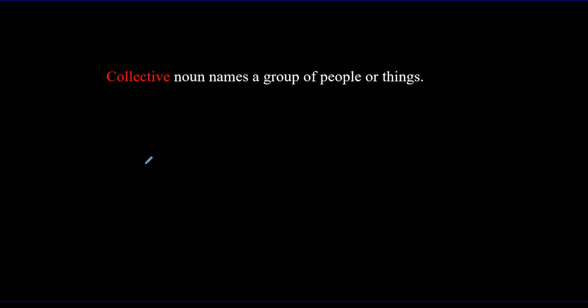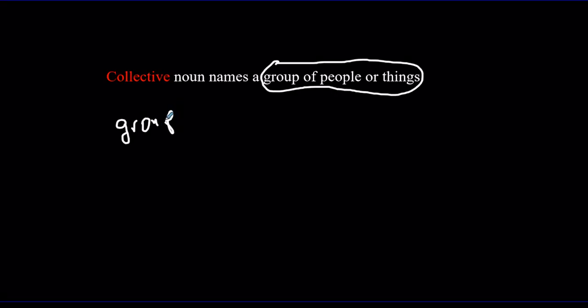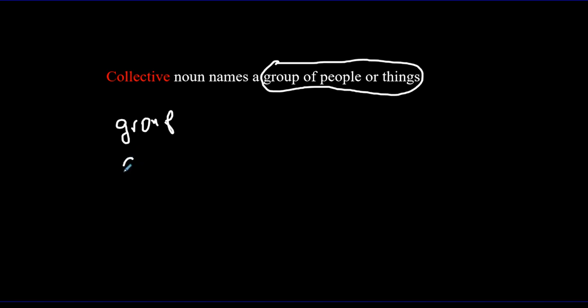Now, collective nouns are nouns that name a group of people or things. Whenever you have a group of people or things that consist of one entity, we call them a collective noun. Example, group. It's a collective noun referring to a lot of people together, collectively. Family is a collective noun.